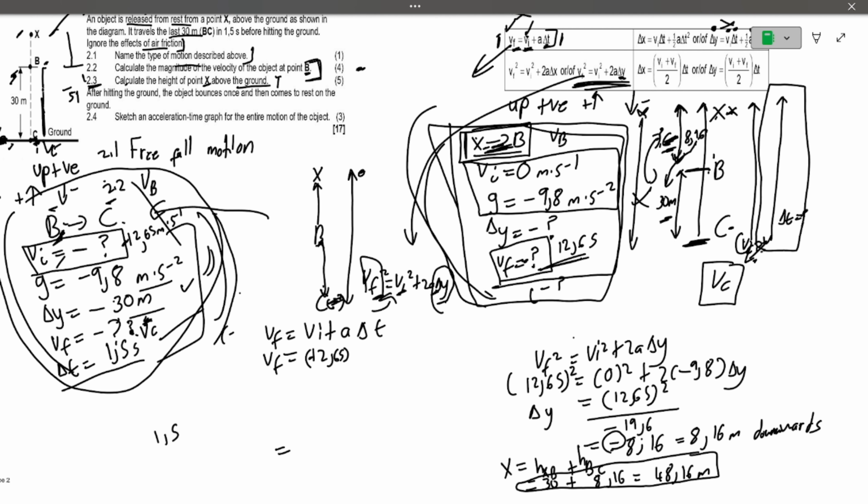Up is positive, down is negative, and then we say negative 9.8, and then the change in time for this, we are just substituting this from b to c, and we find 1.5.